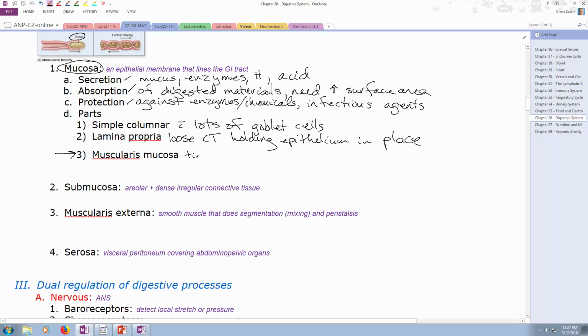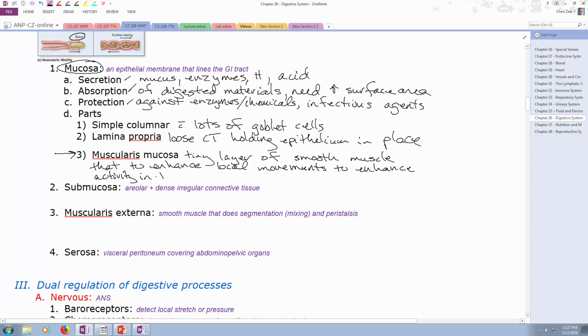So a tiny layer of smooth muscle that is designed to enhance local movements, and this is going to enhance activity in that area.